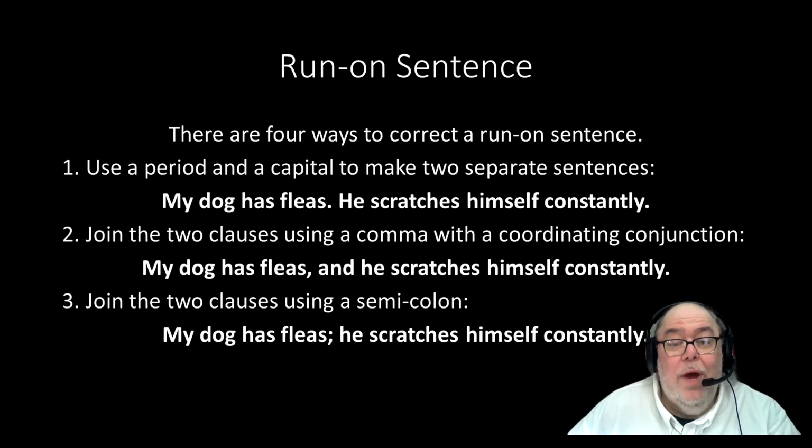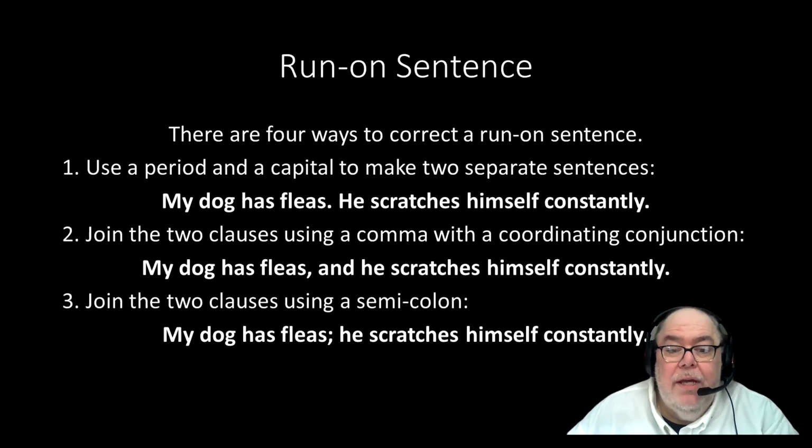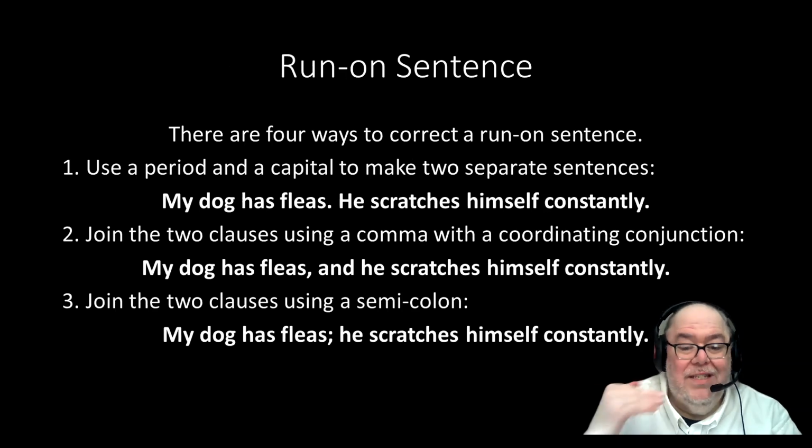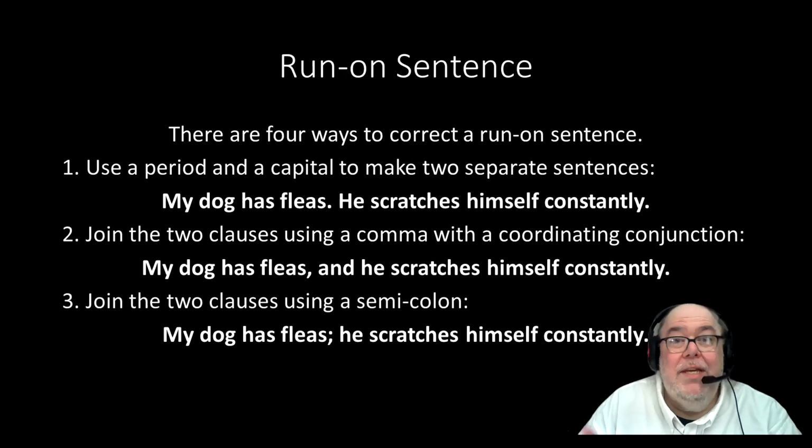Okay, third way to correct a run-on is to insert a semicolon in between them. You can insert a semicolon only between two independent clauses this way. And this does two things. It not only makes it into a correctly formed single sentence, but it also helps to have the second independent clause connected to the first, because we then know what he means.